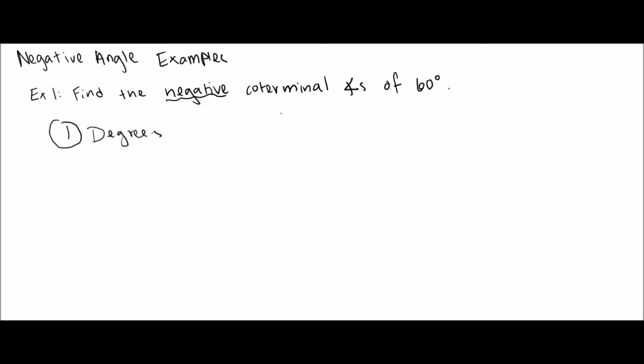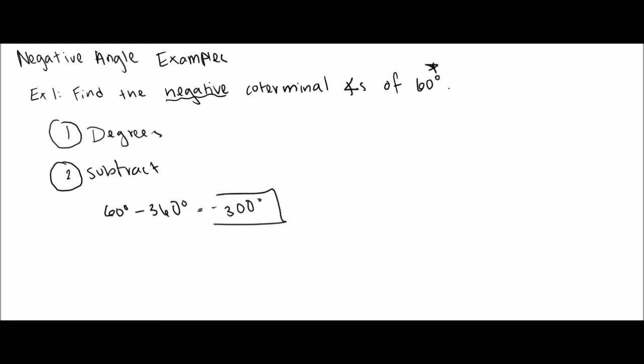In this case, we do have degrees over here. So this is going to be step 2, subtract. We're going to do 60 degrees minus 360 degrees. And I know off the top of my head that that is negative 300 degrees. So this is my negative coterminal angle.